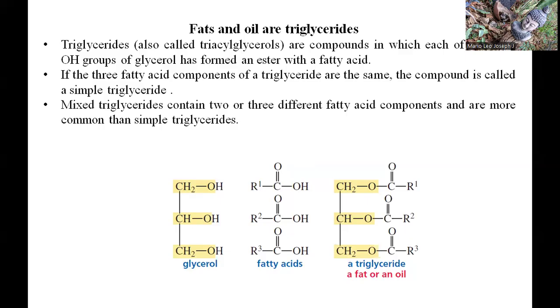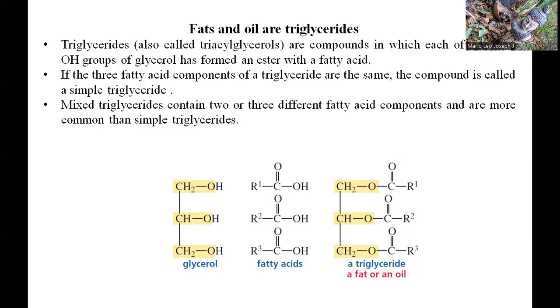The problem here is that water is a polar molecule, so it is not going to solubilize a non-polar molecule. Soaps are the bridging agents between polar and non-polar molecules. They have a small polar end and a big, huge hydrocarbon chain. This is the reason we are using soaps.